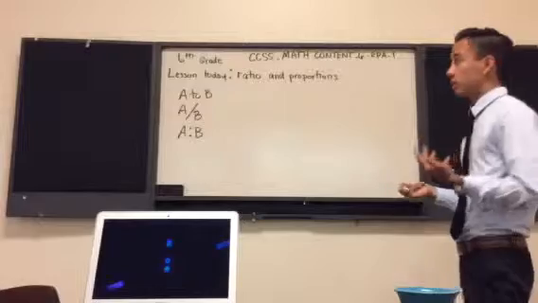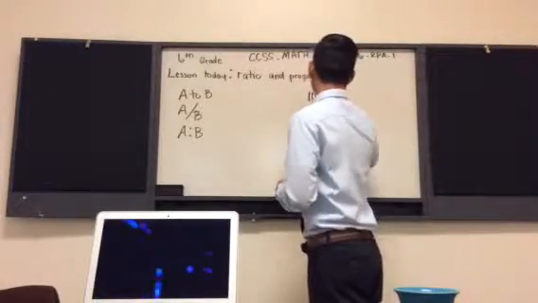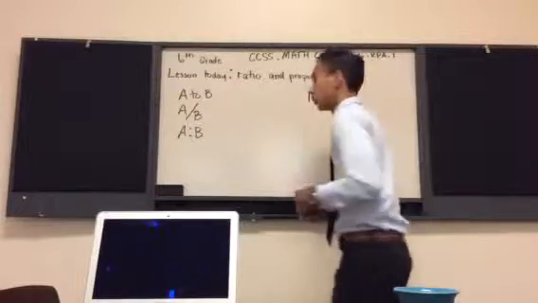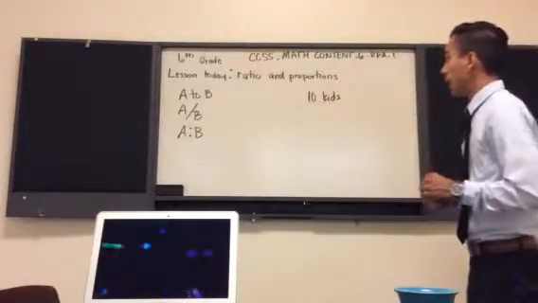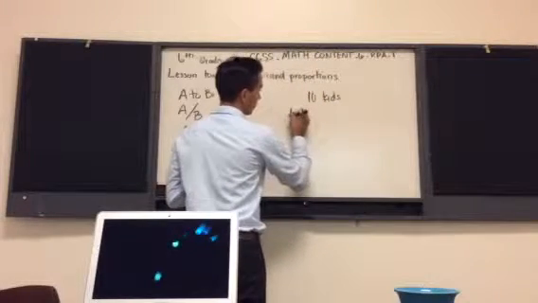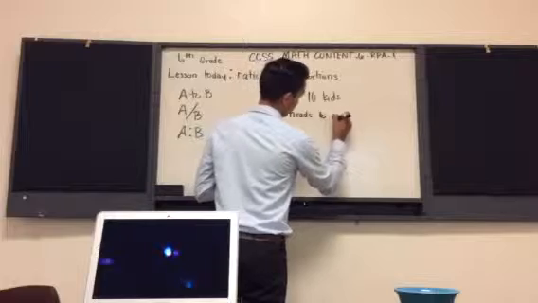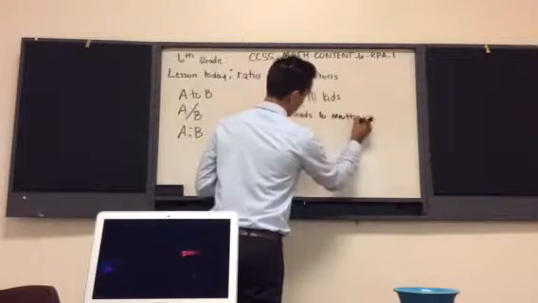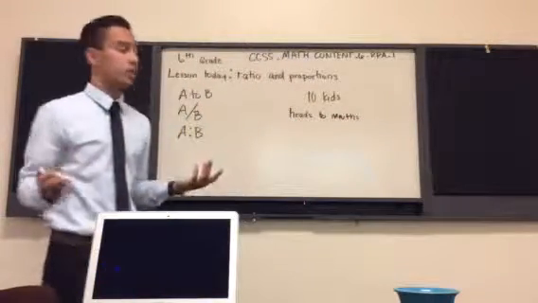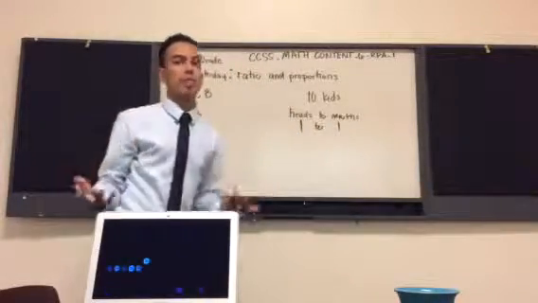So if there are 10 kids in the classroom, right, how many heads to mouths are there? Well, they would say 1 to 1, which is simple, but then we could complicate it a little bit more.